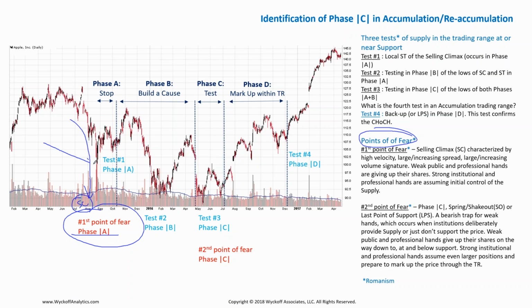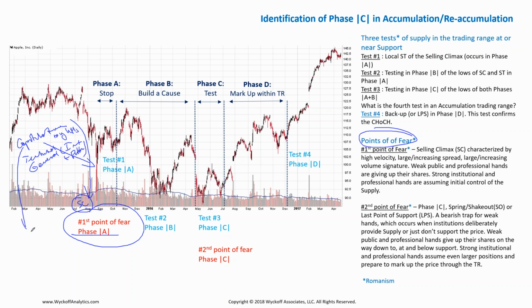We are experiencing a capitulation by weak hands. And in this instance, it's more of a terminal capitulation. Therefore, I sometimes call it a general capitulation that would have both institutions and public behind it.